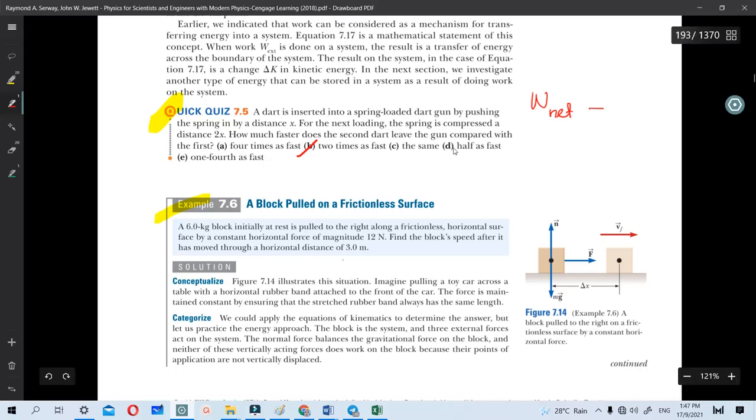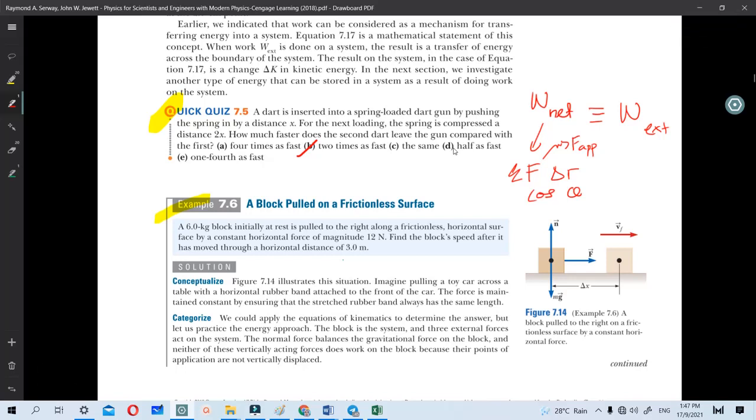You will see that this is very similar to the work by an external force, because when you calculate the net work, you are actually considering net force times r, together with cos theta. But the idea is this force is actually the applied force. This is F applied as well.